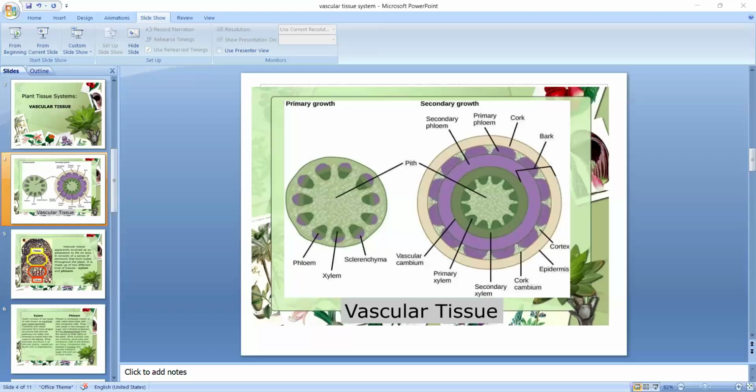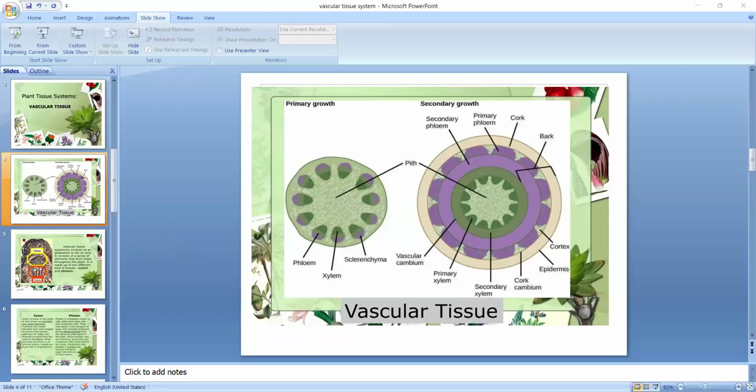Amphicribal means the xylem lies in the center and it is surrounded by the phloem. It is also called hadrocentric. See here, xylem is in the center, surrounded by the phloem. Phloem surrounded by the xylem is that one, I1. Amphicribal, example, ferns.